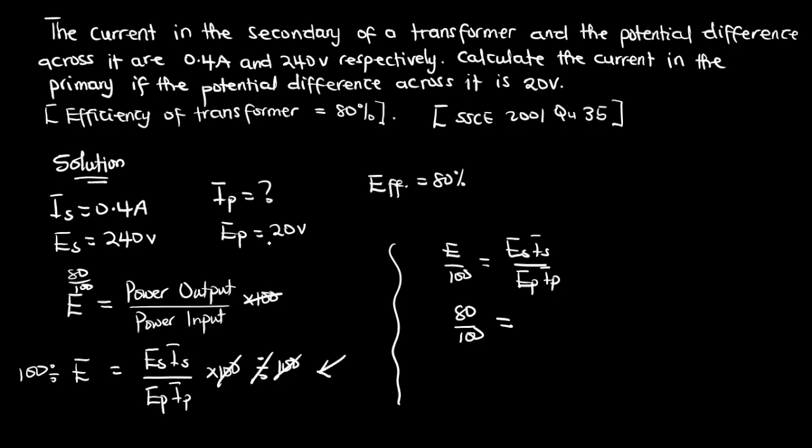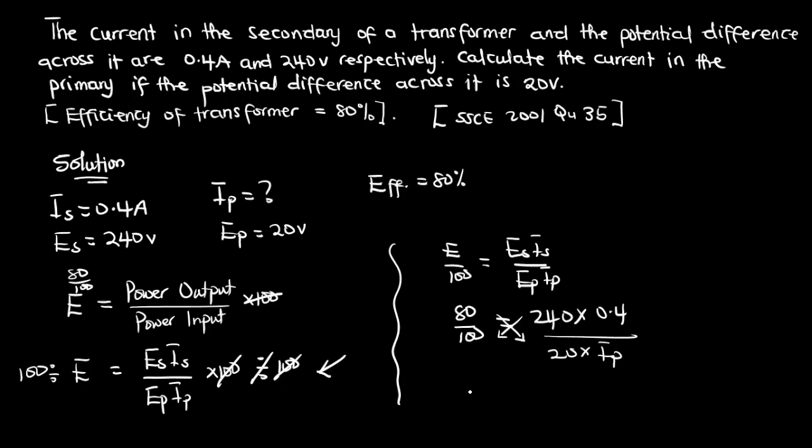So this is equal to ES, which is 240, multiplied by IS, which is 0.4, over EP, which is 20, multiplied by IP. All right, so here I cross multiply.